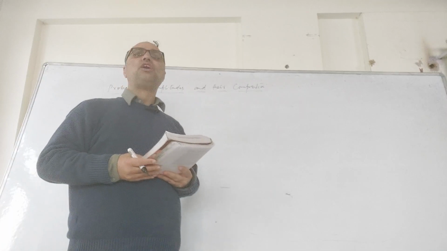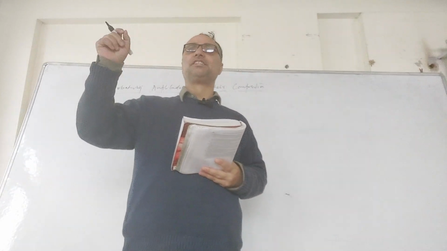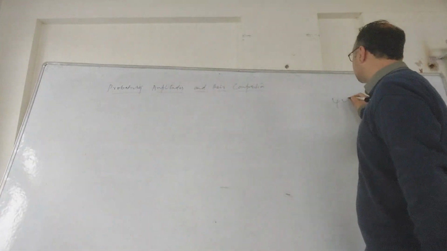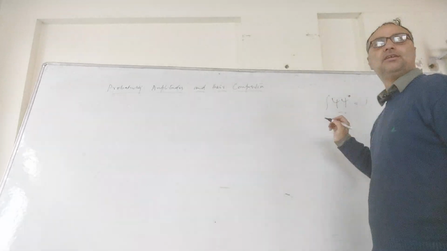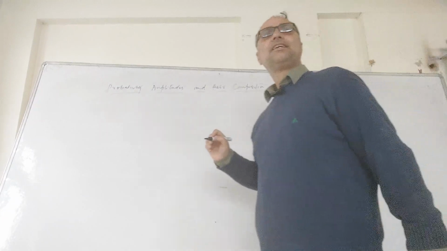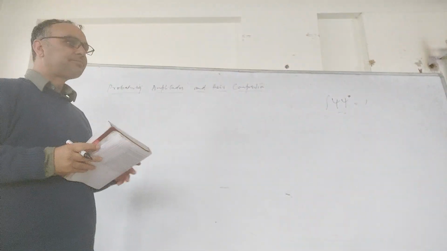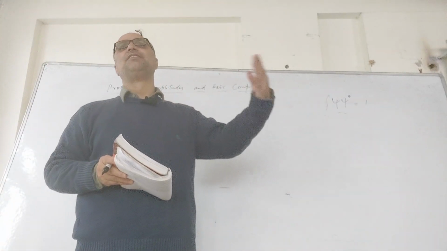For example, for the probability amplitude of any wave function psi, we said that psi star psi gives the probability of that wave function psi. Now, if you remember, we had some discussion about eigenstates and eigenvalues.